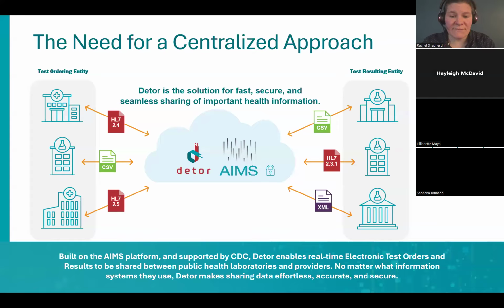Then when that result is available in the LIMS, it does the reverse on its way back. They send it back to Detor in their format. It gets translated and routed back to the EHR. And I should mention those results get sent back as discrete results into the EHR where they're available in the patient chart. So that eliminates some of those manual processes on the result receiving side, like manual PDF uploads or something like that.